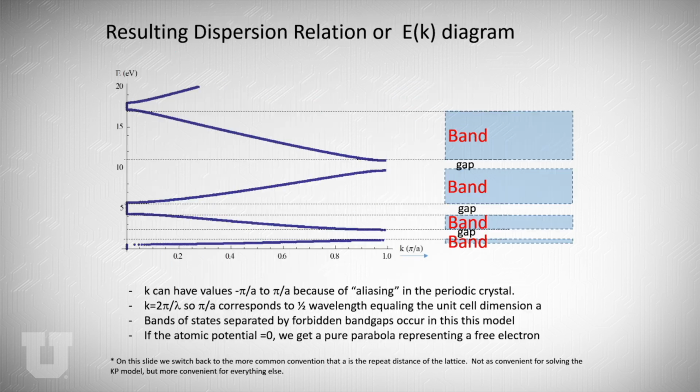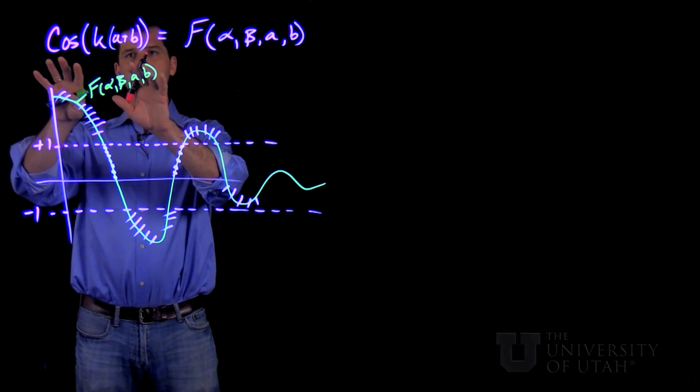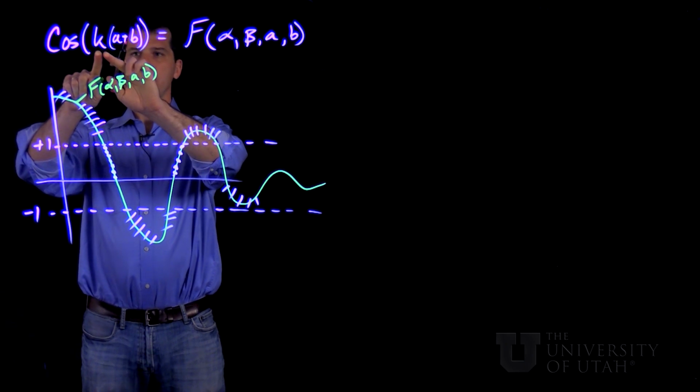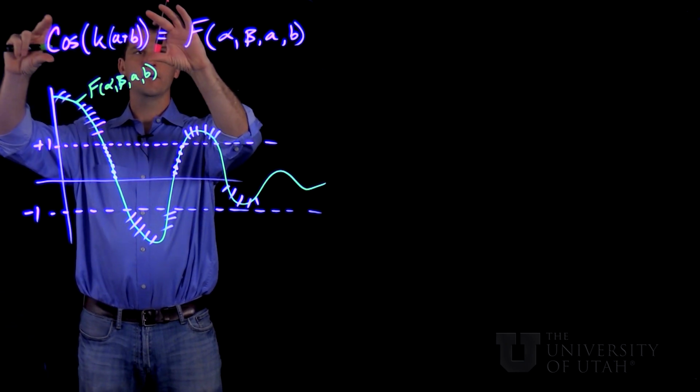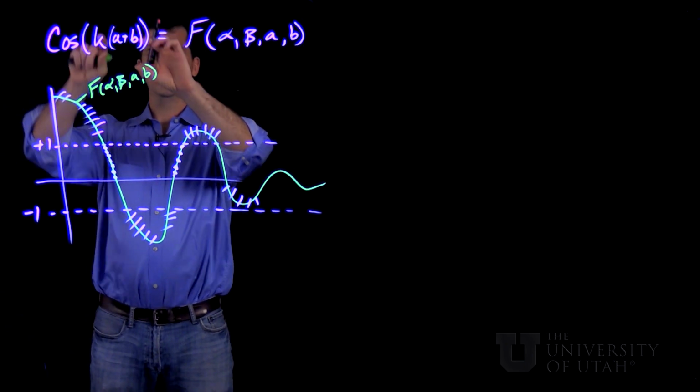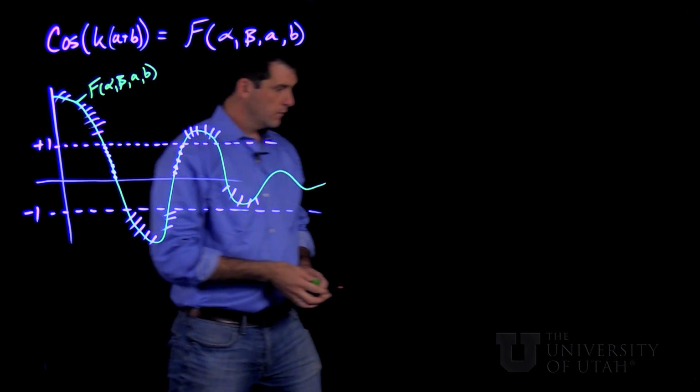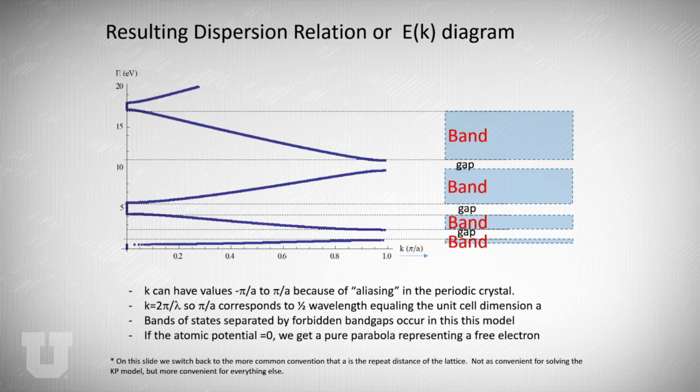So if we actually go back and look for the real solutions, now we're going to solve for k here and take the arc cosine of both sides and move the a plus b over here so that we're left with k isolated. We get this plot here.